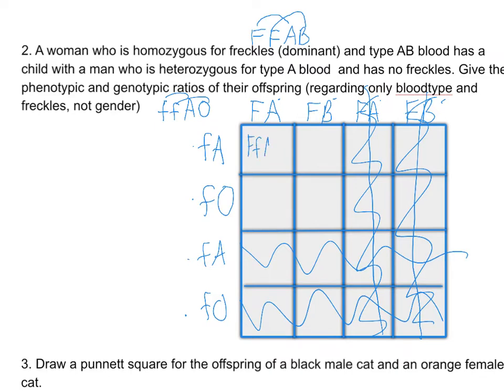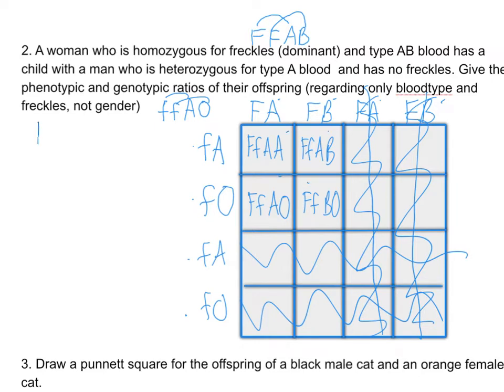So big F, little f, big A, big A; big F, little f, A, B; big F, little f, A, O; and big F, little f, B, O. All right, so now to do the genotypes, it looks like we do have 4 different genotypes.